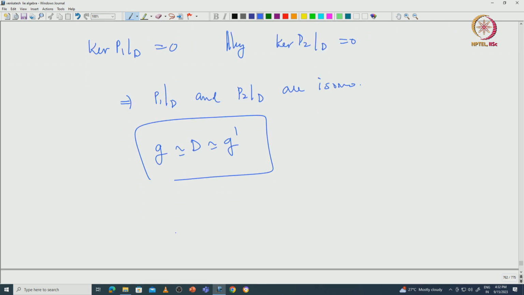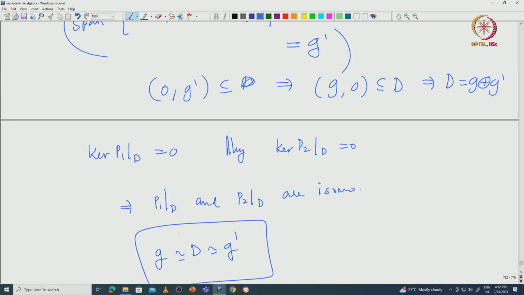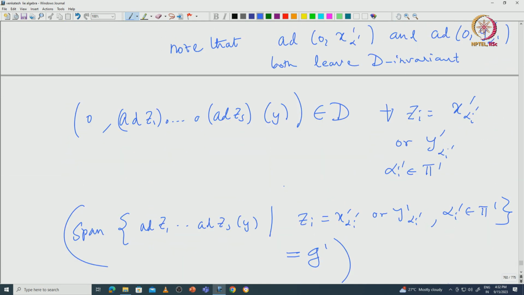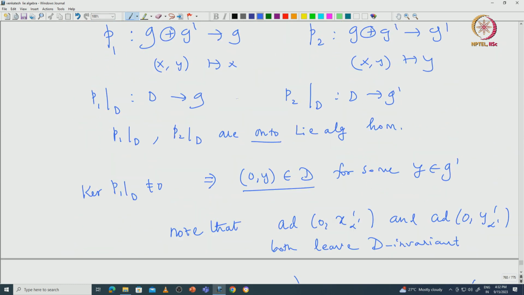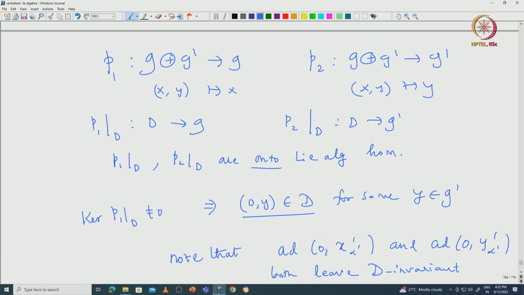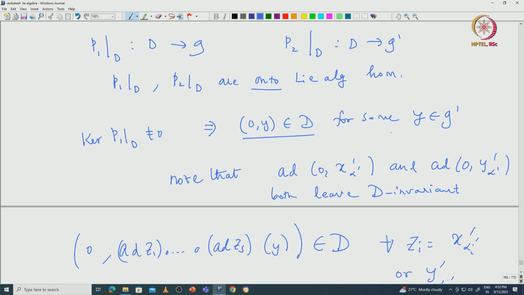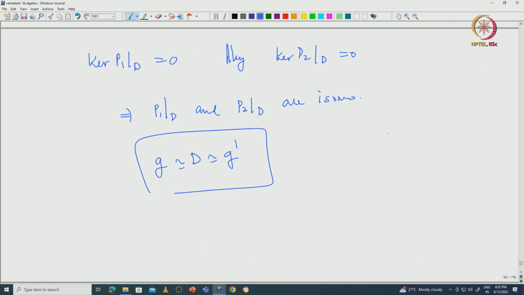So, this indeed proves that G must be isomorphic to G dash using the map pi, because if you trace back the projections, from G to D and then D to G dash, the map sends x alpha to x alpha dash and y alpha to y alpha dash. That is easy to see. So, basically this isomorphism is given by the map pi.